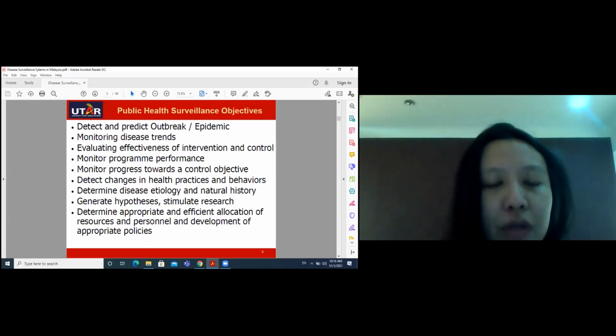In the role of public health surveillance, we also generate hypotheses and support research, to determine whether interventions are effective and appropriate for that disease.